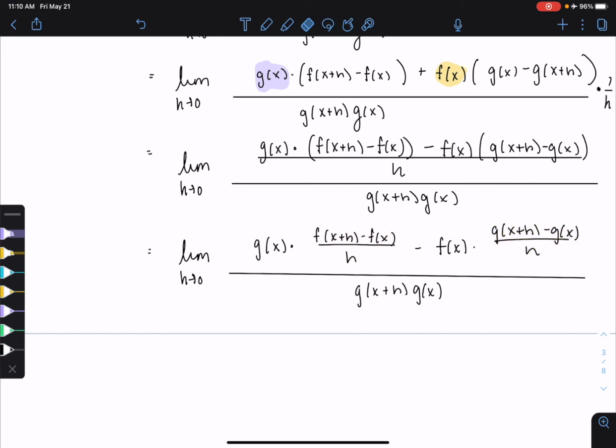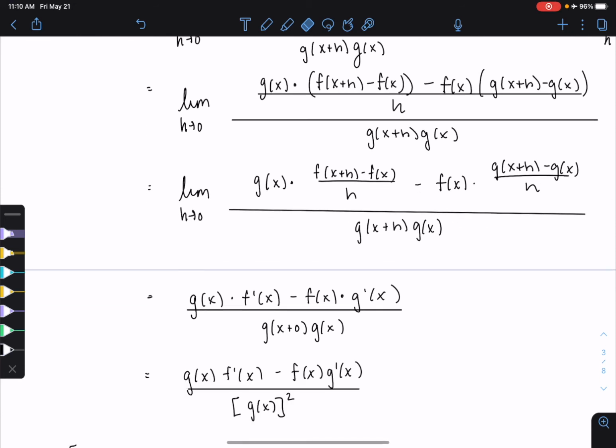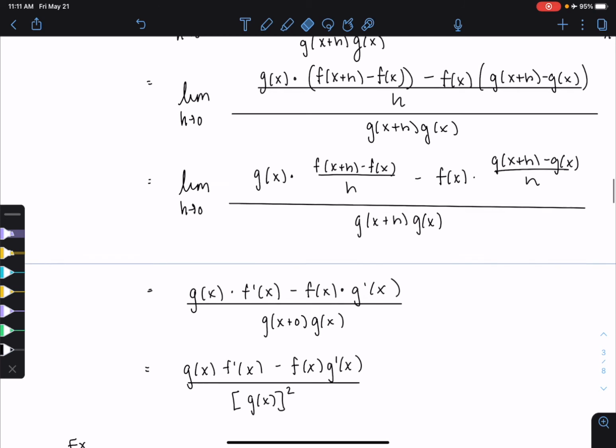Those turn into f prime and g prime respectively. So that numerator is g of x f prime of x minus f of x g prime of x, and the denominator goes to g of x times g of x. So this is where our quotient rule comes from. Okay.